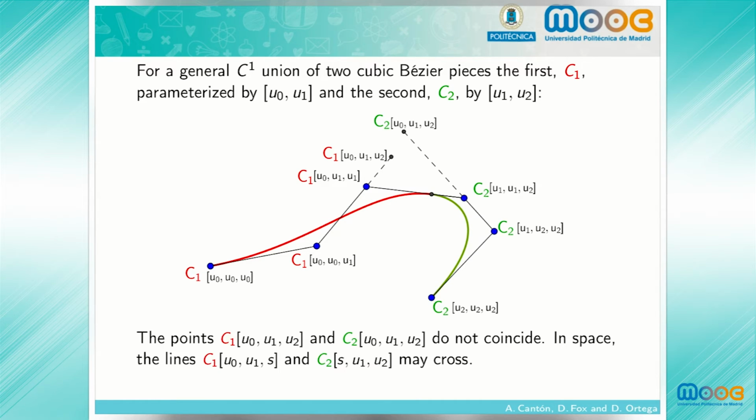In fact, when the curve is a special curve, in space, the two lines may not even intersect. So we are going to see what the C2 condition means in terms of the polar form.